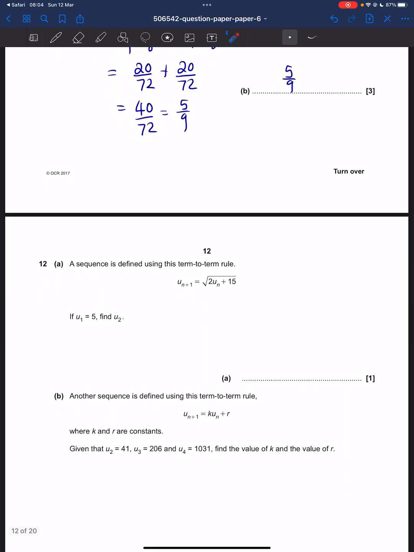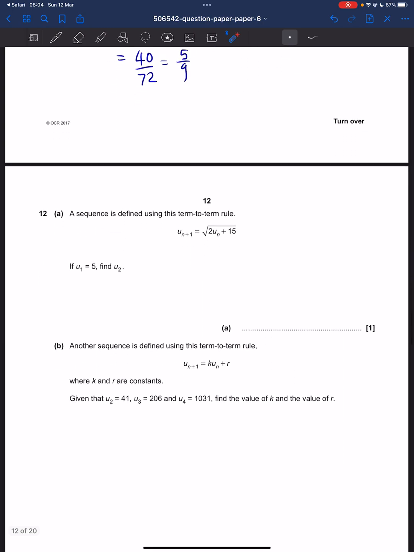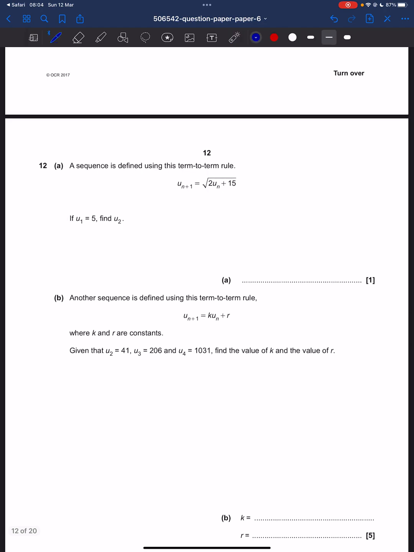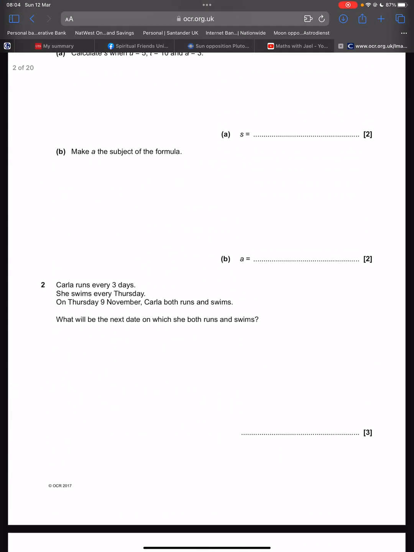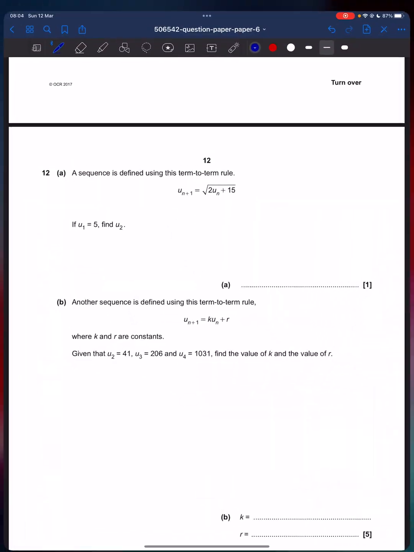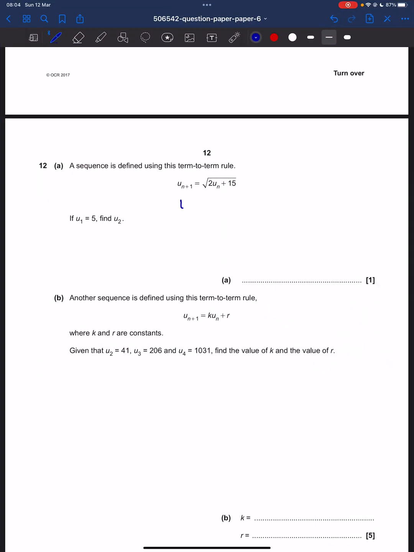Right, a sequence is defined using this term-to-term rule: u(n+1) is the square root of 2u(n) plus 15. If u1 is 5, find u2. Right, oops, come back. What happened there? There we go. So u1 is 5, find u2. This means the next term, because this is n plus 1, well we've got a 1 here. So the next term is when we've got u2 there.